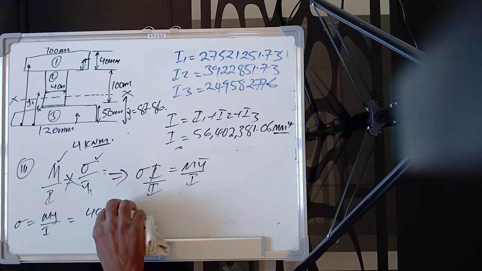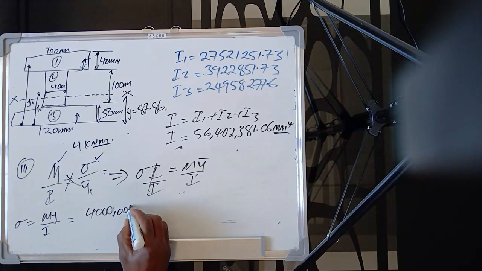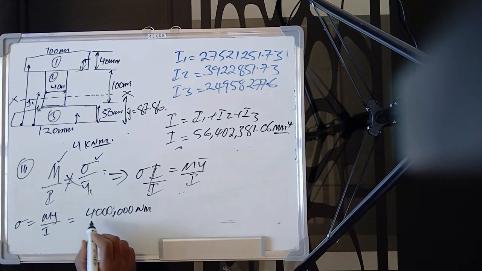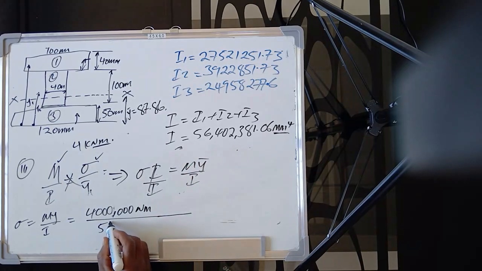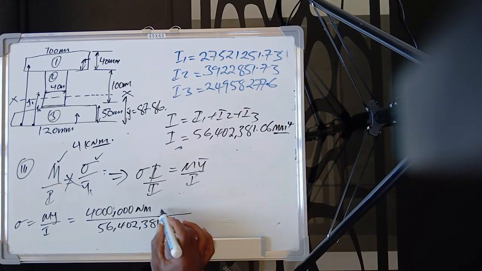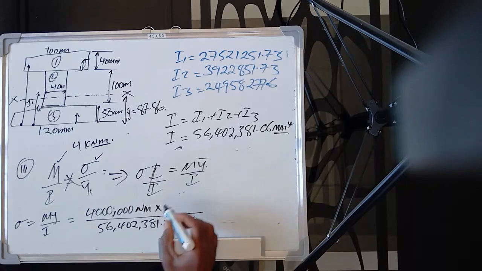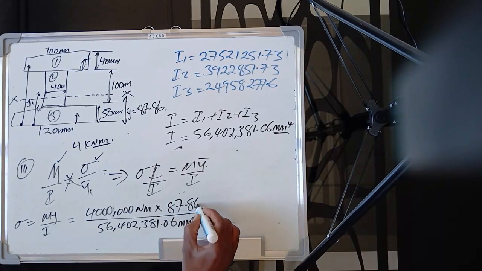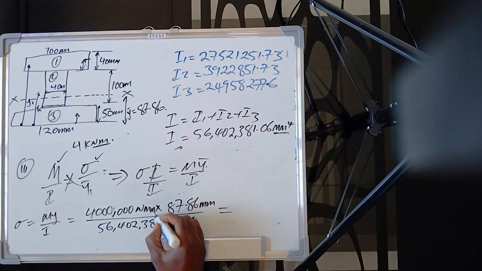It will be times 10 to the power 3, which is 1,000, so it will be Newton millimeter over I, which is 56,402,381.06 millimeter to the power 4, multiplied by y, which is 87.86 millimeter.